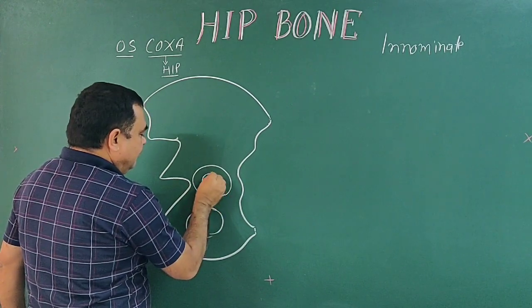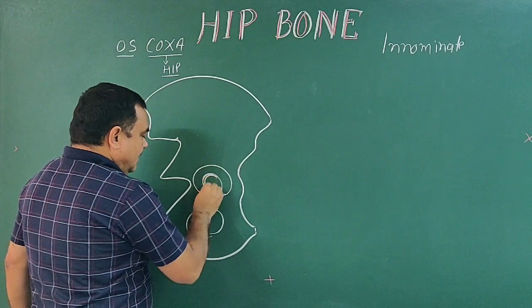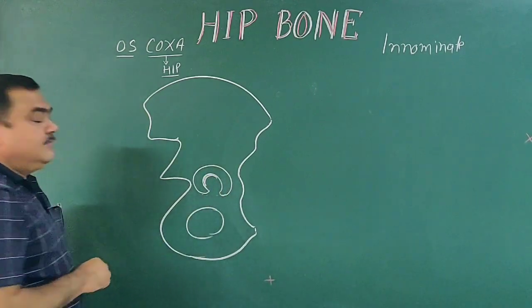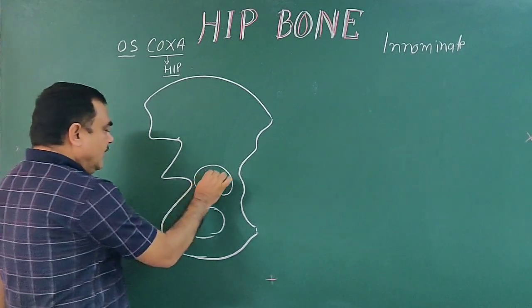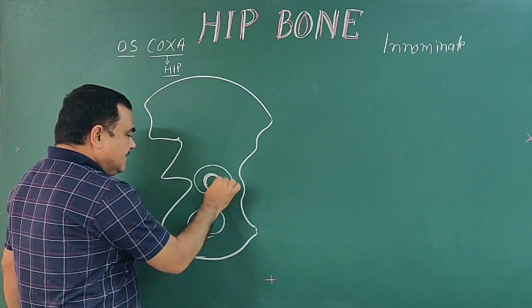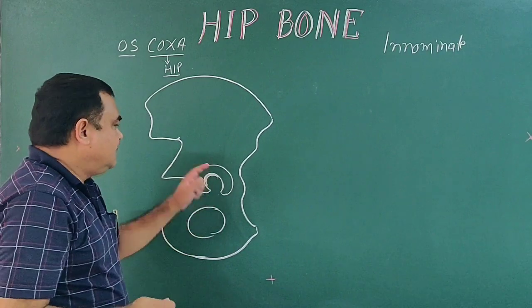This is the acetabulum, which forms the articular surface of the hip joint. This is a depression present on the lateral side. Acetabulum.